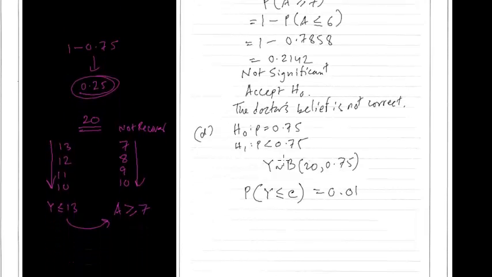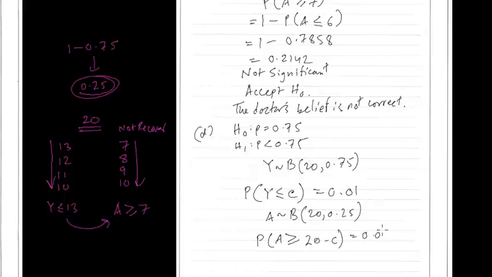Since we cannot do this directly, we have to convert this just like before. If you convert this to the different distribution A, this would be 20, this would be 0.25. Just like before, this was less than or equal to, this will be greater than or equal to. 20 minus c is going to be 0.01.